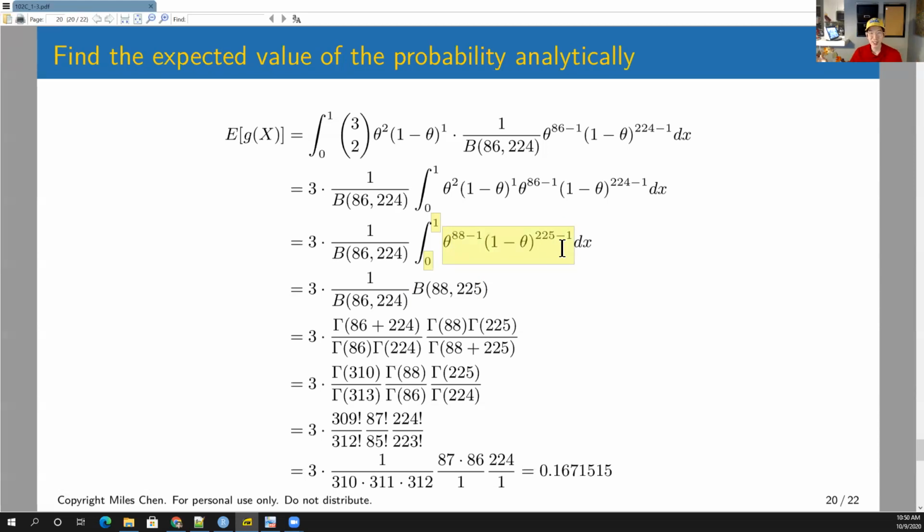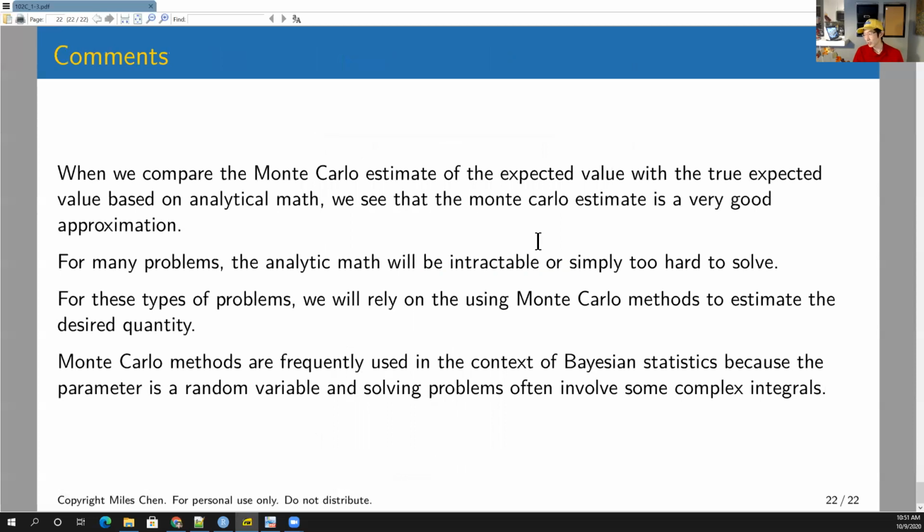Are we going to expand this and try to integrate it? That would be completely terrible. We're lucky we have this identity, but if we didn't, you'd have to expand this raised to the 224. That's ridiculous. So sometimes the analytic math is going to be completely intractable or too hard to solve.